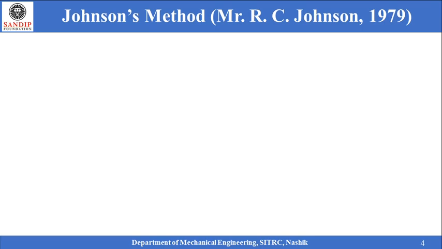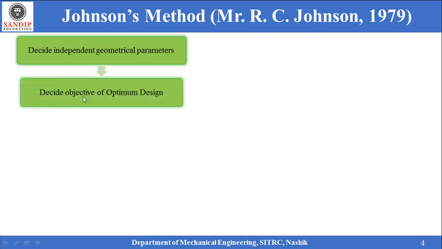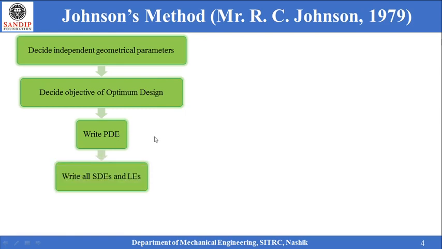So Johnson proposed a method with the help of which the optimum design can be obtained in one go. And what he proposed was, first we have to decide the independent geometrical parameters in the design. Then we have to decide the objective of optimum design, which will help us in writing the PDE, that is primary design equations. By reading the problem, the designer has to write all SDEs and LEs.